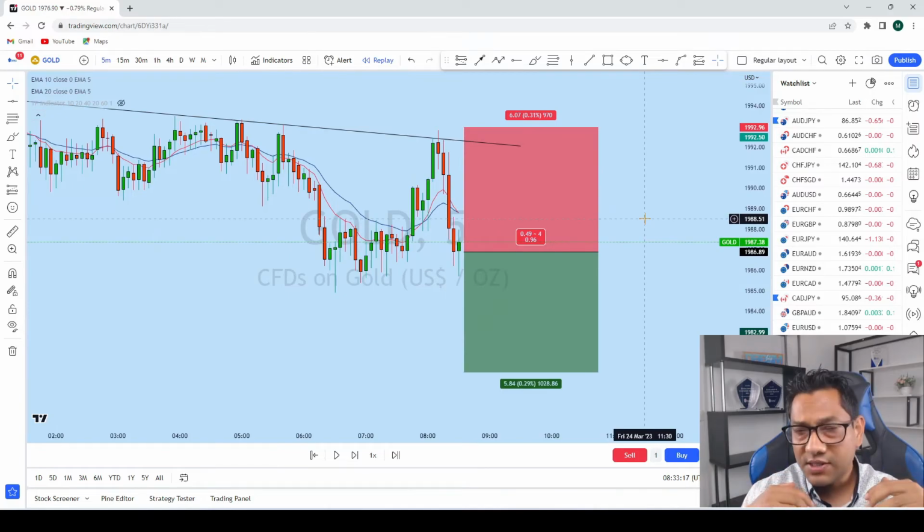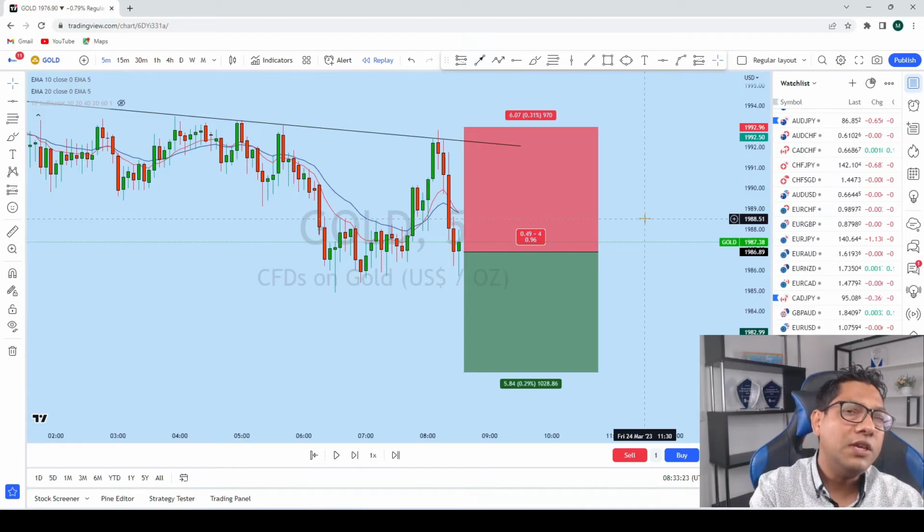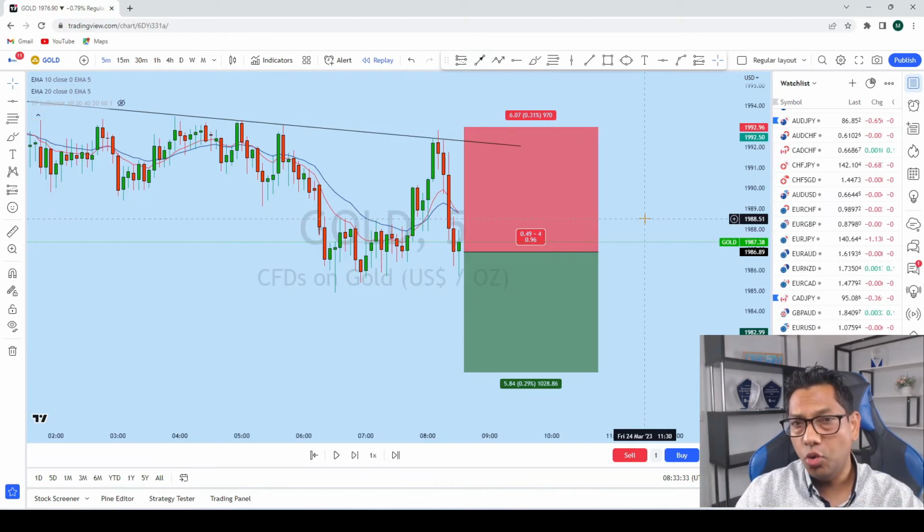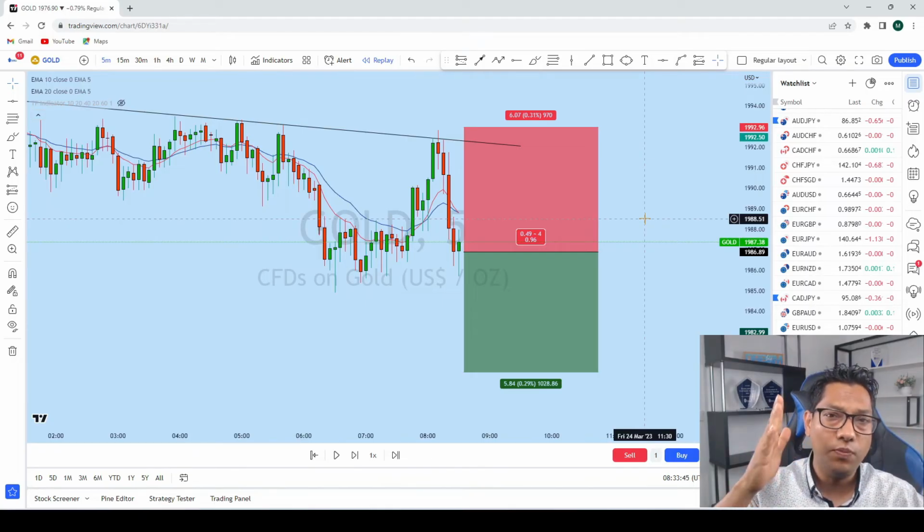Now let's say you are watching the price action on the 4 hour or on the daily. All this movement happened in this 5 minutes time frame. This inverted head and shoulder liquidity grab will be invisible to you on the higher time frame. At the same time, keep in mind, the higher time frame is always reliable. But if you trade on the lower time frame, you can find a lot of trades if you can give time in front of the chart.